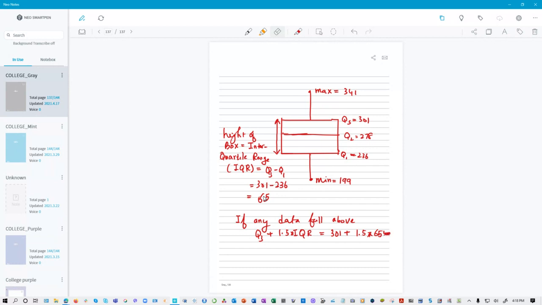Let's see how much that would be. 301 plus 1.5 times 65 is 398.5.